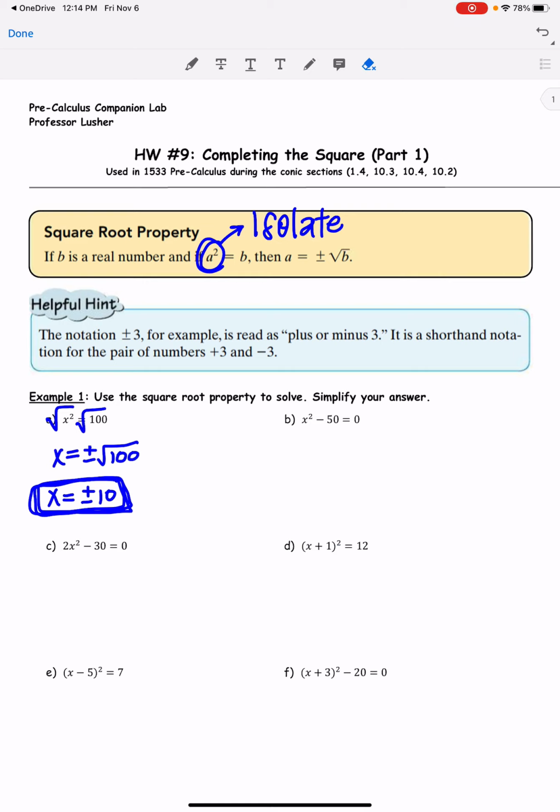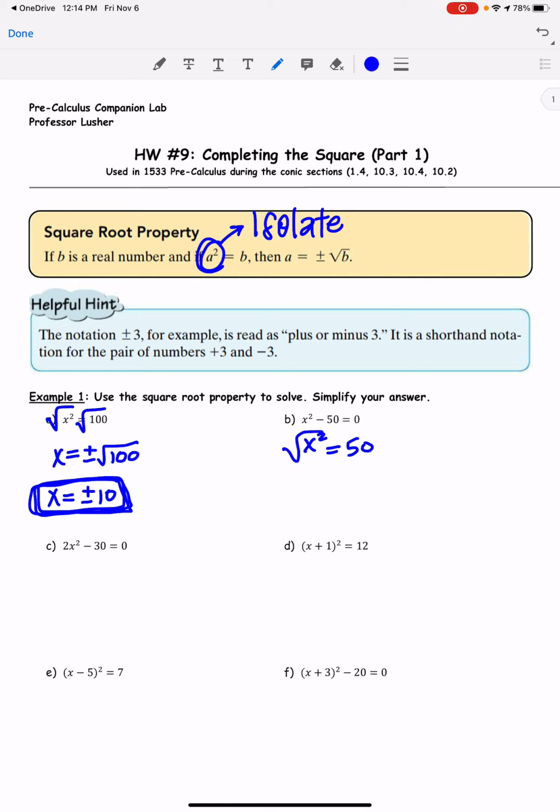Okay, same thing on B. We've got x squared minus 50 equals 0. So you need to isolate your squared term. So I'm going to add my 50 over. So we've got x squared equals 50. And now that that is isolated, take the square root of both sides.